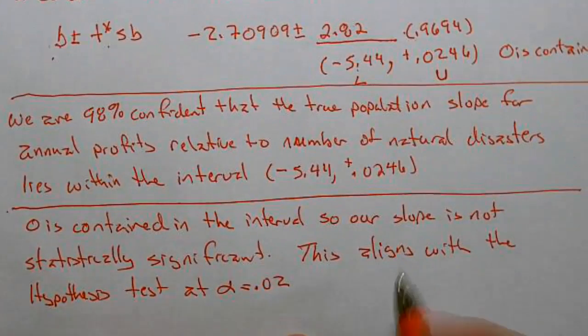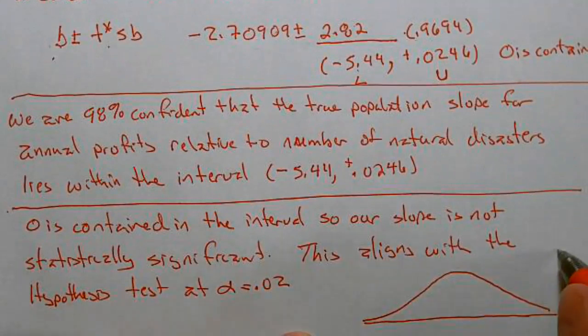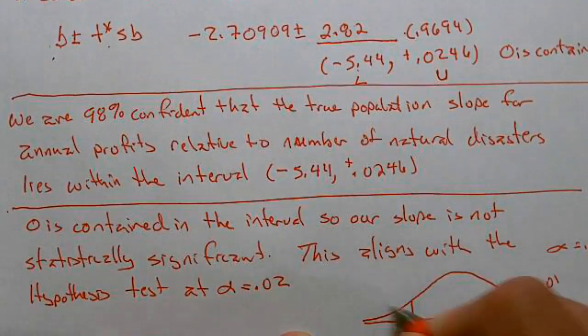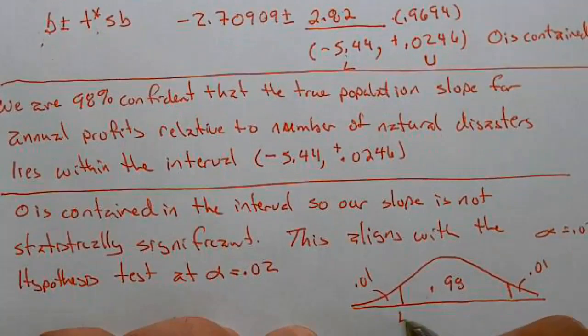And why is this? Well, why do they completely line up? The hypothesis test was alpha equals 0.02, which is the area in the tails. So the area in our tail was 0.01 and 0.01, which means 98% lies in between, which is exactly the same as our confidence interval.